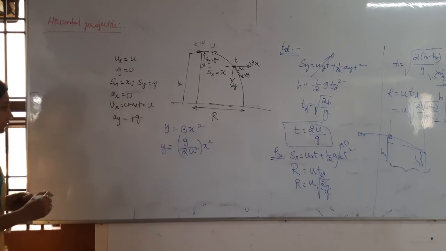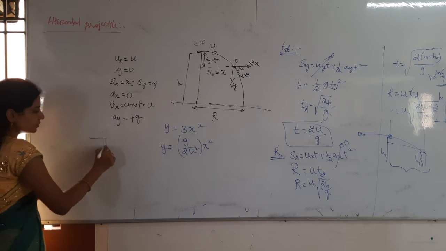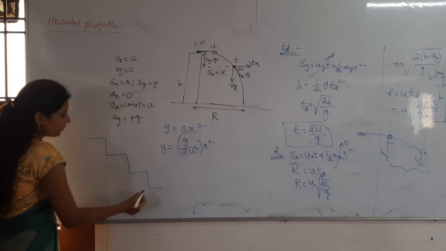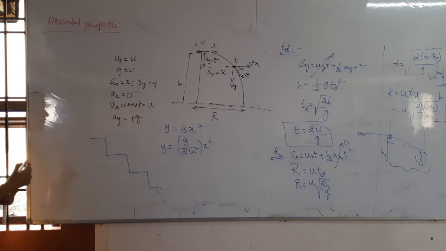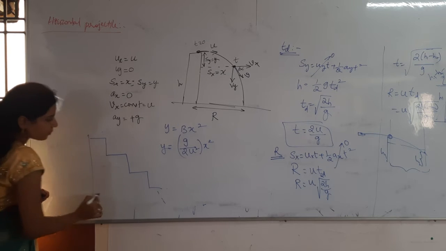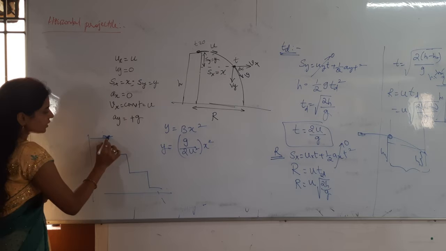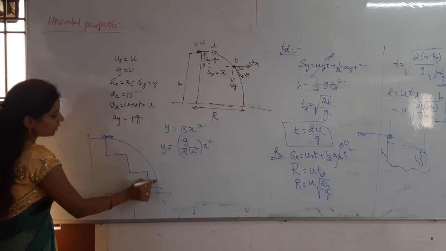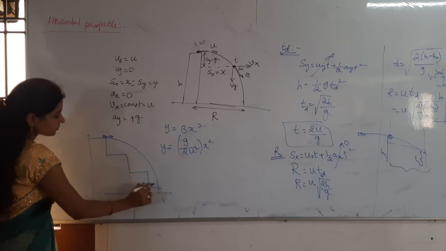Another application we have seen yesterday itself, that is steps problems. If I have n number of steps, then you have to find out the velocity, otherwise the number of steps. For that purpose, here a body is just rolling from here and then falling on the nth step.